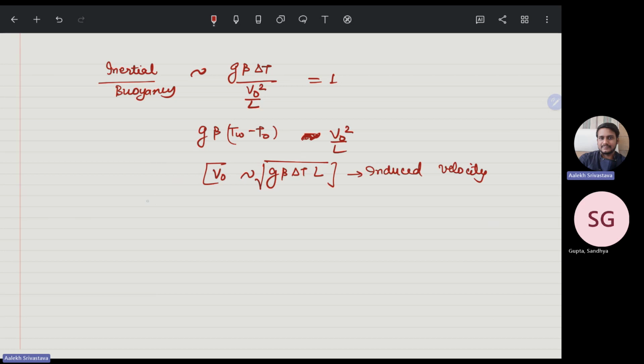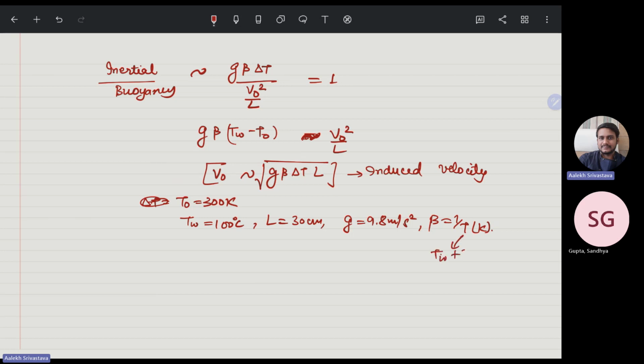If the question gives delta T as 100 minus 30, T0 equal to 300 K, T wall equal to 100 degrees Celsius, length equal to 30 centimeter, g equal to 9.8 meter per second square, and beta equal to 1 by T, where T should be in Kelvin and is the average film temperature, T wall plus T0 by 2.